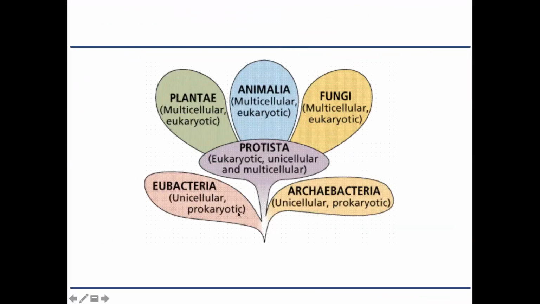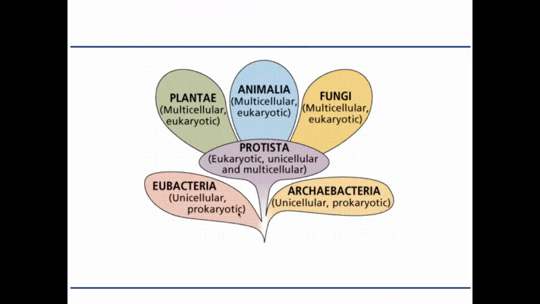Again, these are the two prokaryotic forms of life that are comprised of single cells, unicellular life forms that have that basic prokaryotic type organization. Again, there are distinctions, biochemical and otherwise, and even at a genetic level, that distinguish the true bacteria from the archaea. But we're not going to go into any particular details about that.